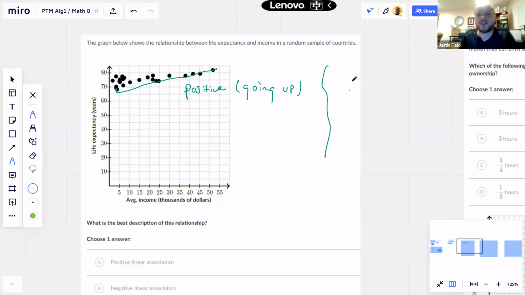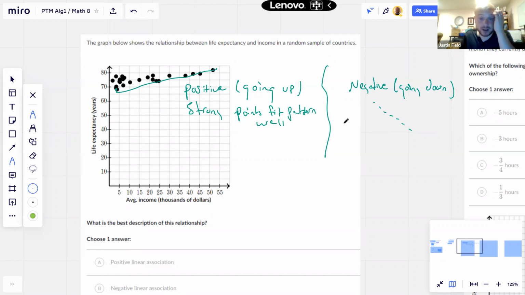Separately, this is not true of this graph, but it could have a negative correlation, which means it would be going down. So that'd be something like this. And then this is a strong correlation, because the points fit the pattern well.